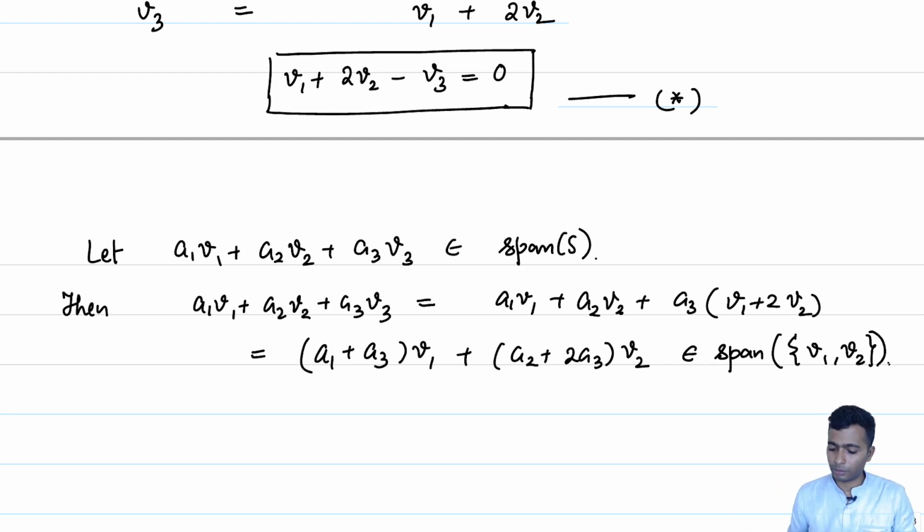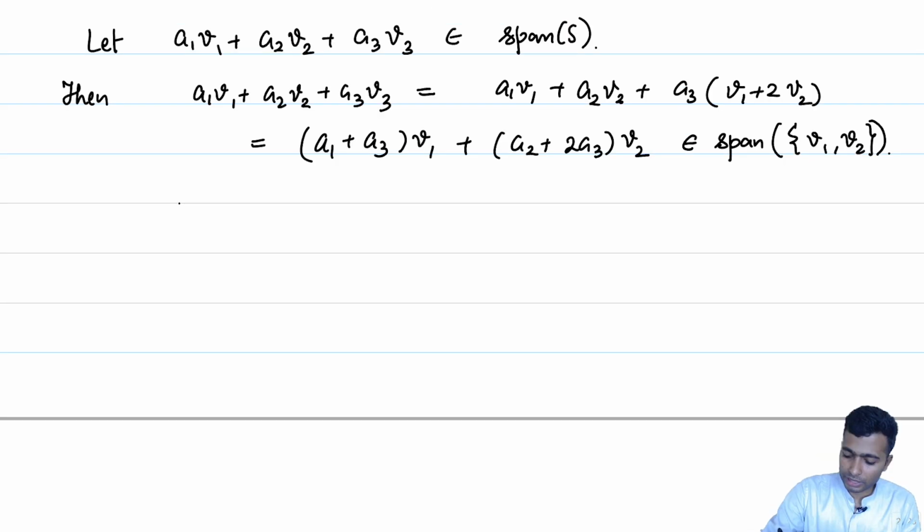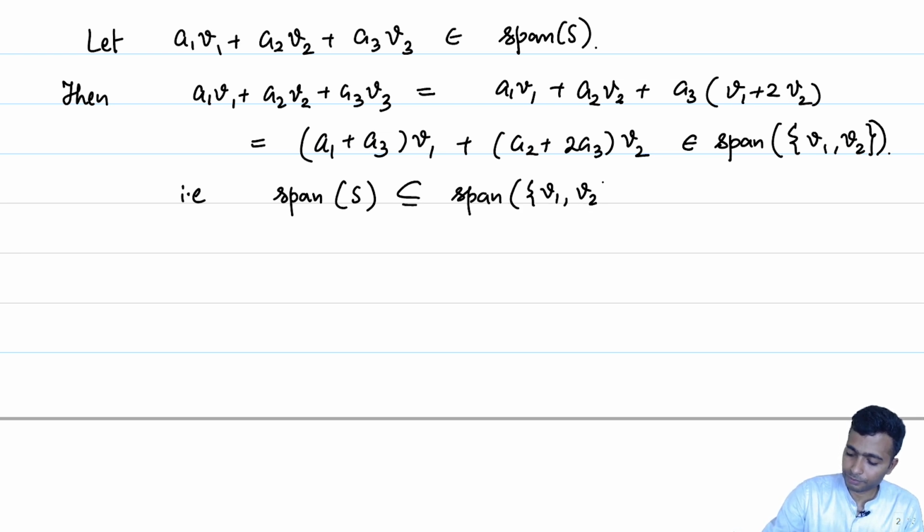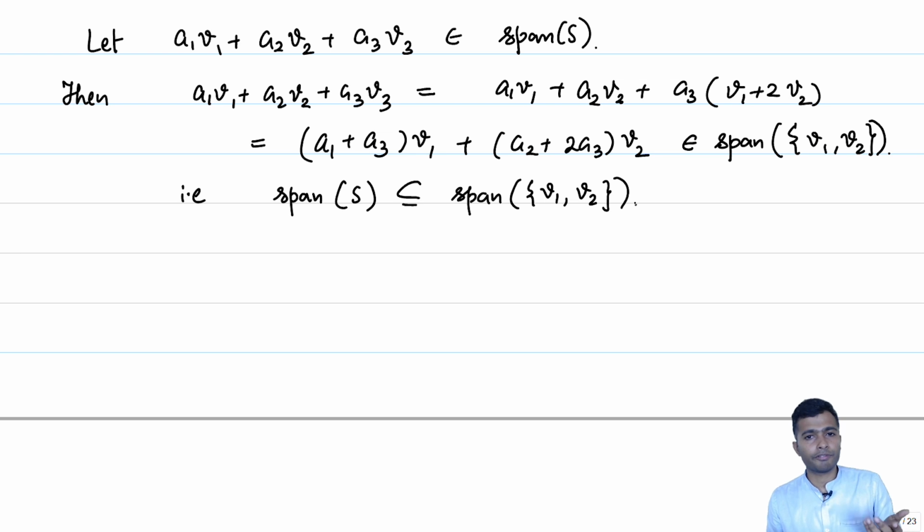So, if we were to study the span of S here, we do not really have to study the span of the entire set S, we just have to look at the span of V1, V2. So, effectively we have shown that span of S is contained in span of V1, V2. But any linear combination of V1, V2 is in particular a linear combination of V1, V2, V3 with the coefficient of V3 being 0.